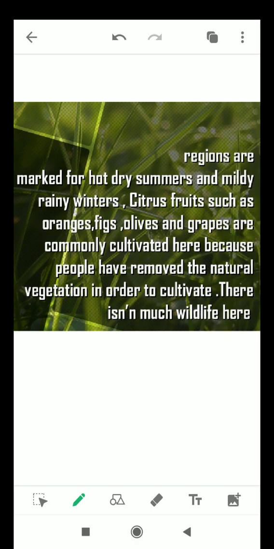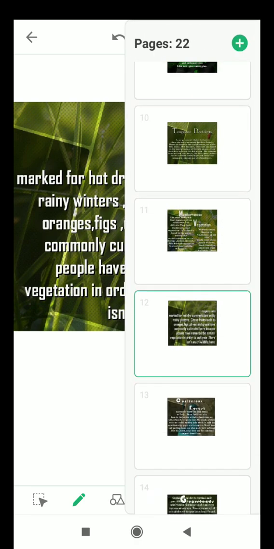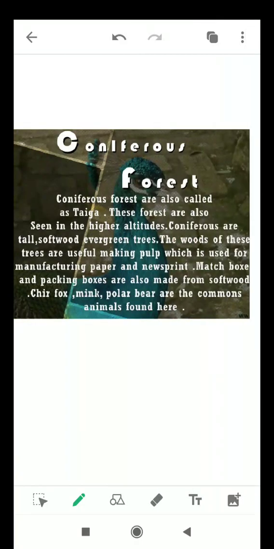The next we have is coniferous forest. The largest stretch of coniferous forest in the world is called taiga, and it lies in the subarctic region of the northern hemisphere. The trees are mainly cone bearing and are tall and straight with thick bark and soft wood.